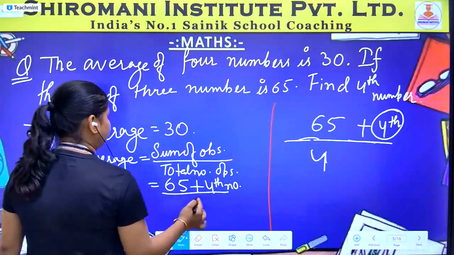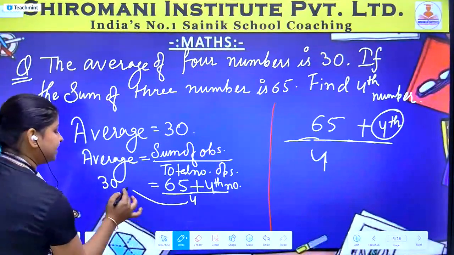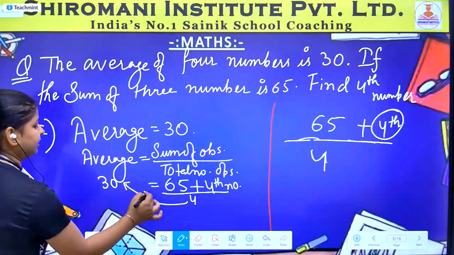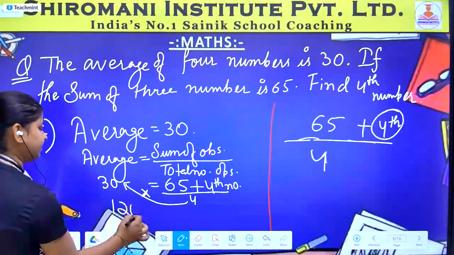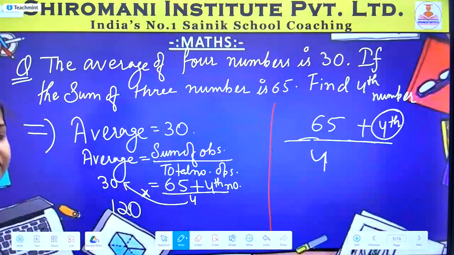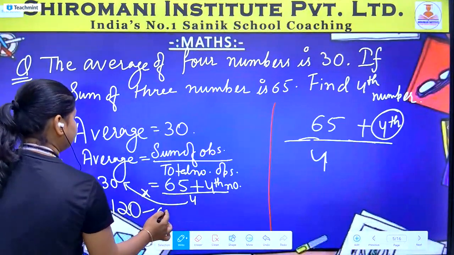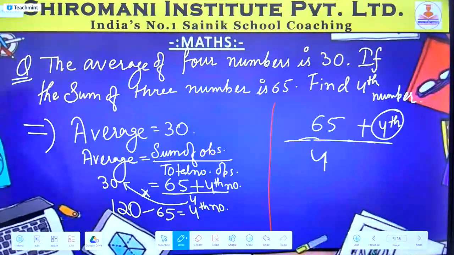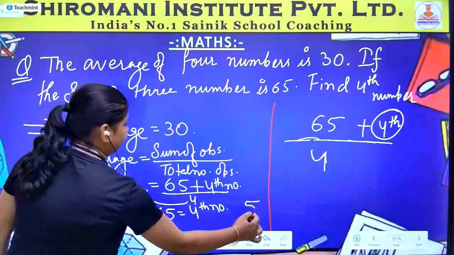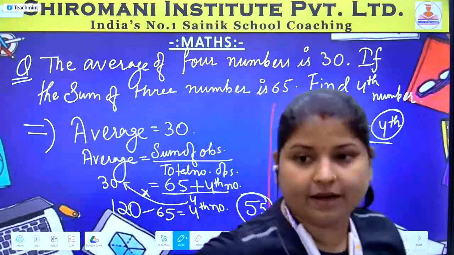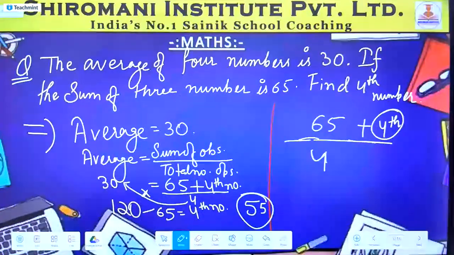And total number of observations is 4. Now this shall be multiplied when moved to the other side. So 30 into 4 will be 120. And this 65, when it comes to the other side of the equals sign, becomes minus. So 120 minus 65 will be 55. So my fourth number will be 55.